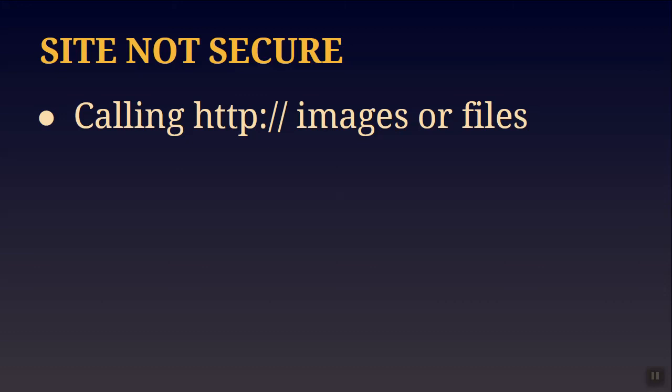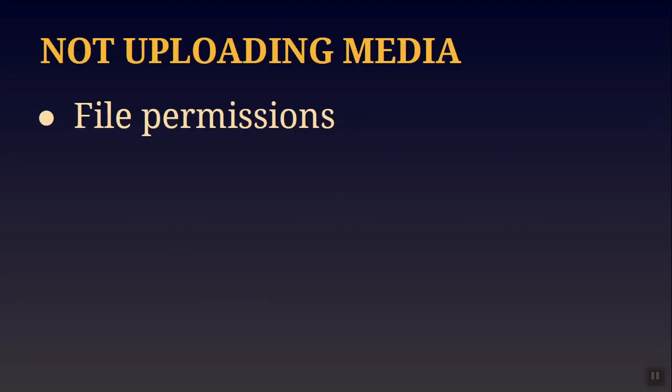Well, that means that somewhere in that page you're calling scripts or images or files or external resources with an HTTP call as opposed to HTTPS. So if you go and view the source of the page, you just need to take a look at what calls you're doing, and that's possibly the problem why your green lock is not showing.